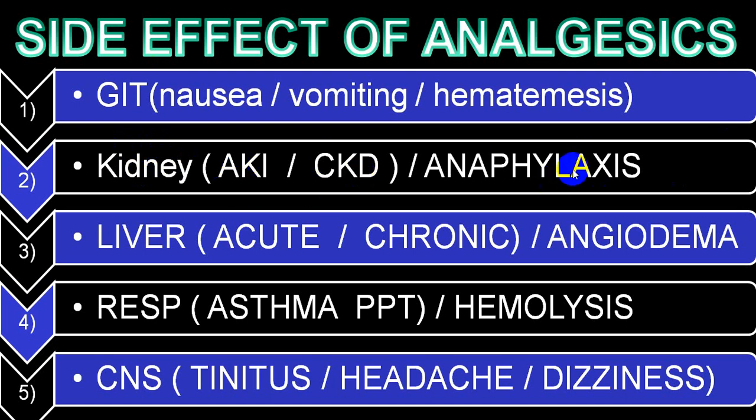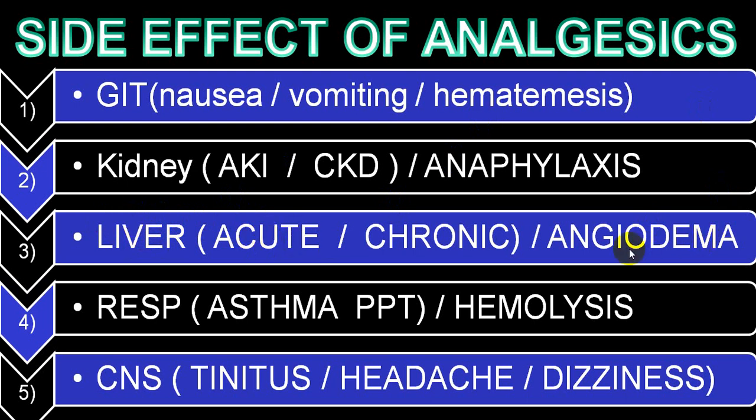Aspirin can cause anaphylaxis. They are also mildly hepatotoxic, so can produce acute damage or chronic damage. Particularly, paracetamol can produce acute damage in children when given in larger doses. Even aspirin can produce damage to the liver. You should be aware of that. There are other NSAIDs which can also produce acute damage to the liver.